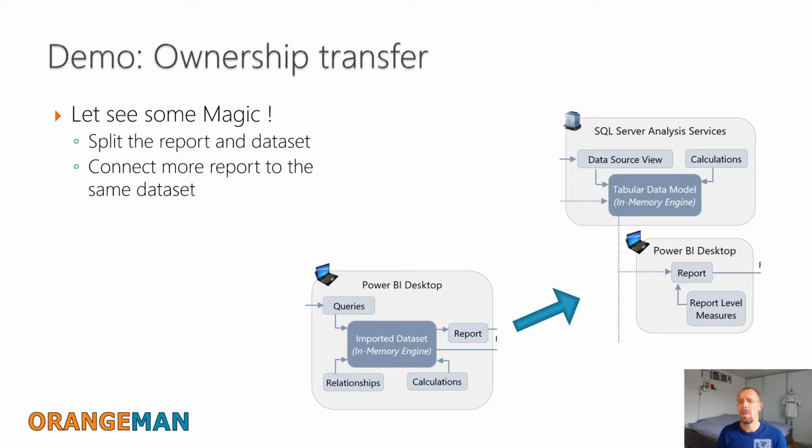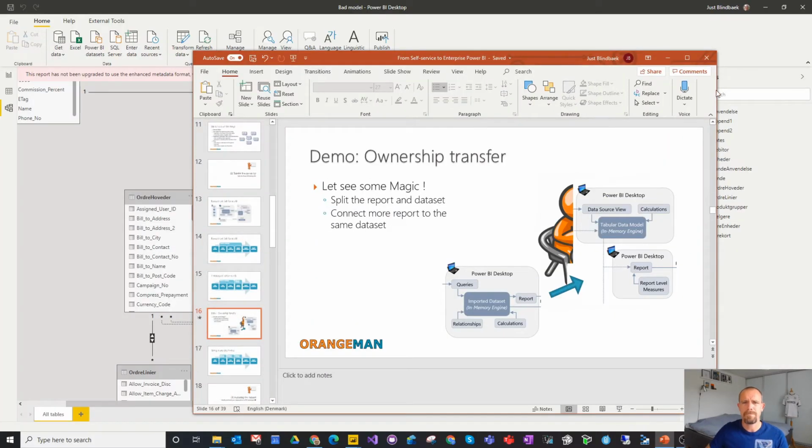And one other beauty of this solution is that you can now connect multiple different reports on top of the same model. And this is taken from the white paper. In our case, it will be Power BI desktop on top of Power BI desktop. Yeah. So how do we do this solution?